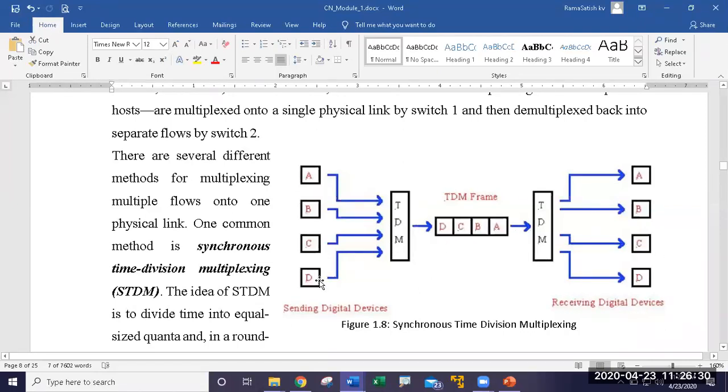Even though other stations have data to transfer, since the time is allocated to station B, and B doesn't have any data to transfer, the entire 1 second is idle. It is allocated but not used. The entire link becomes wasted.